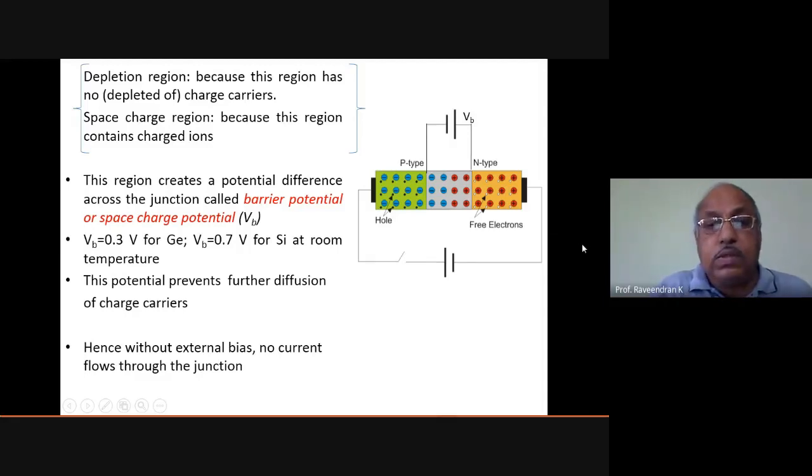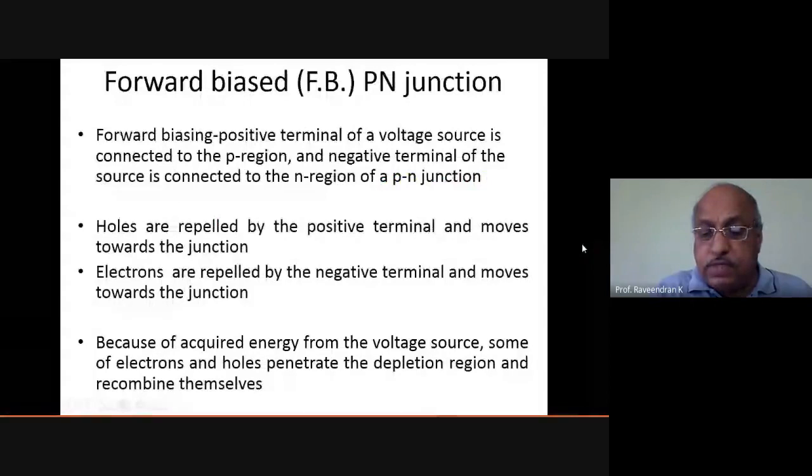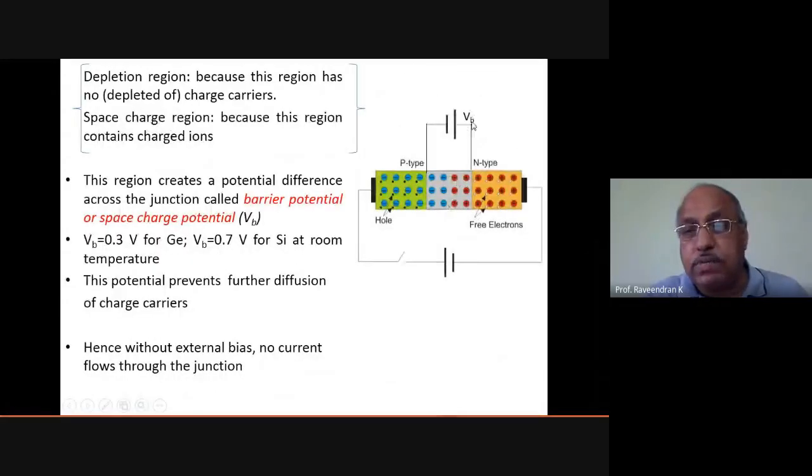Now, this is the P and this is the N, and here in this particular area the PN junction is formed, isn't it?